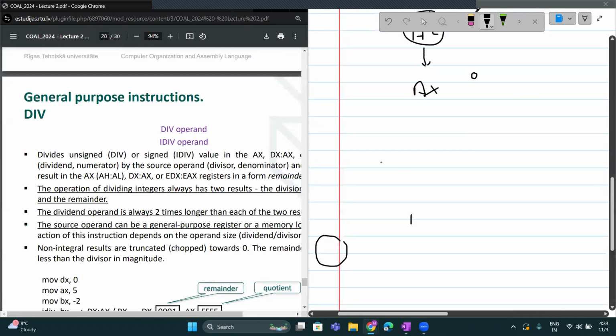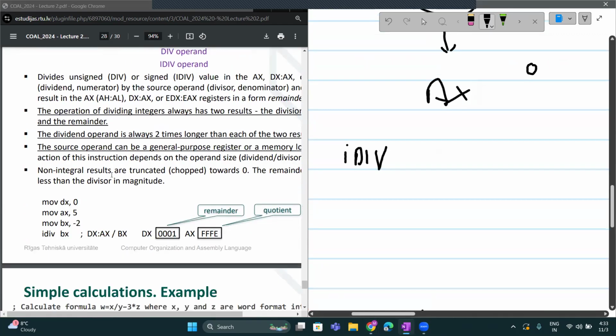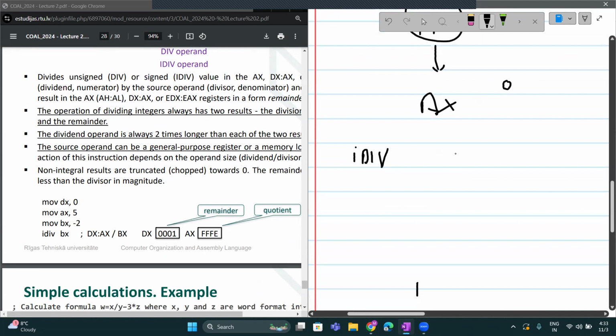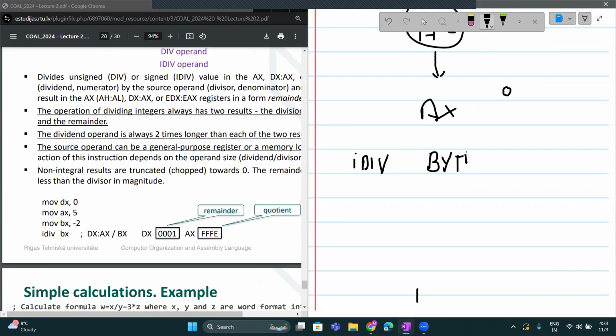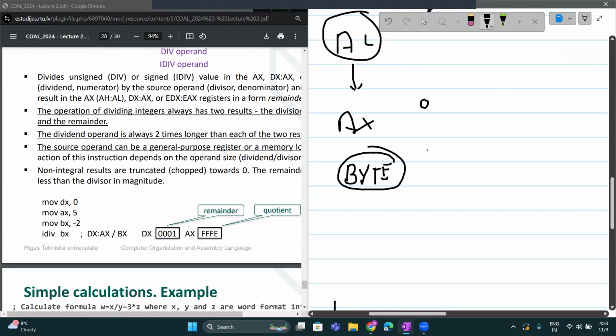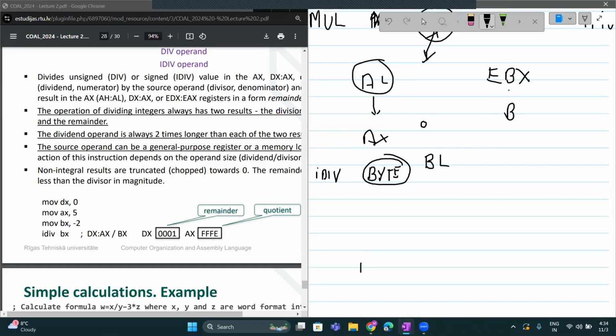It works similar to IMUL, IDIV. So IDIV works similarly if we want to divide, for example, a byte, or let's just say BL, which is a byte, because if there is EBX, it has a half which is BX, and which is divided into BH and BL.